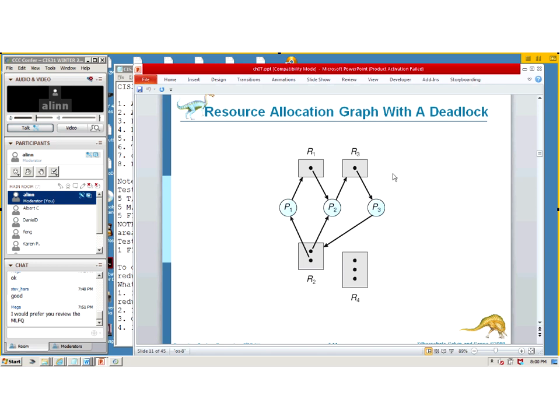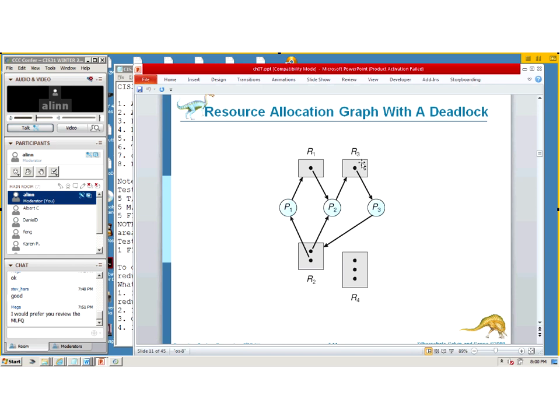So remember the 4 things required for a deadlock. I can't arbitrarily preempt this resource from P3 to give it to P2. I can't do that. Mutual exclusion: I can't give resource 3 to both P2 and P3 at the same time.